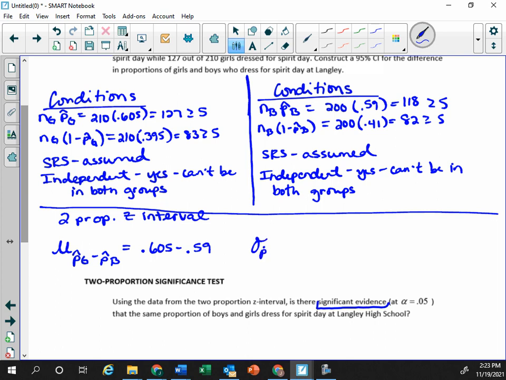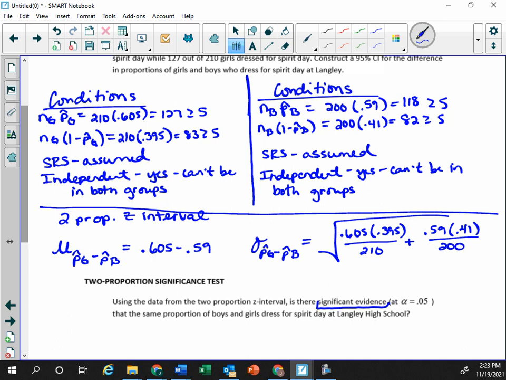And then our sigma of p hat sub g minus p hat sub b. Again, I'm not going to make you type this one in, okay? But that's going to be the square root. Do everything for the girls first, then everything for the boys. So 0.605 times 0.395 over our sample size, 210, plus 0.59 times 0.41 over 200.